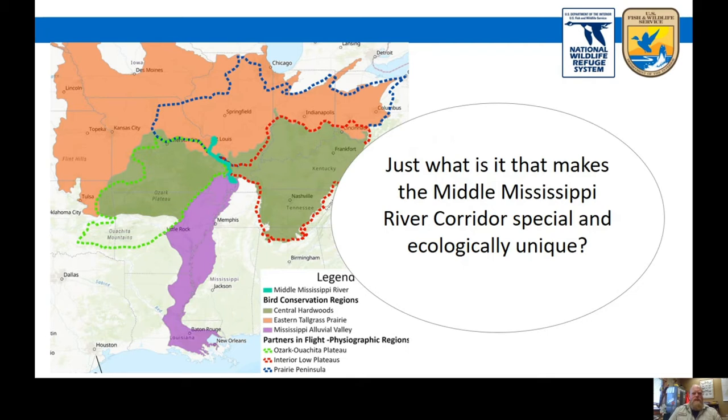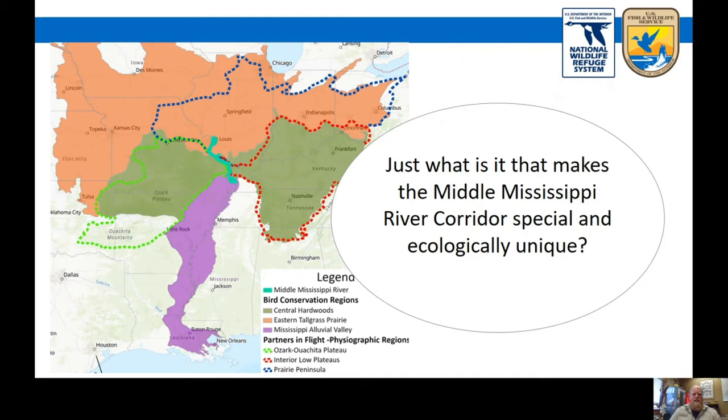Those 4 physiographic regions, starting on the top, is the Prairie Peninsula in blue outline. Coming from the east across the Shawnee National Forest is the interior low plateau in red. To the west is the Ozark Plateau in green outline, and to the south is the Gulf Coastal Plain or Mississippi Alluvial Valley in purple.